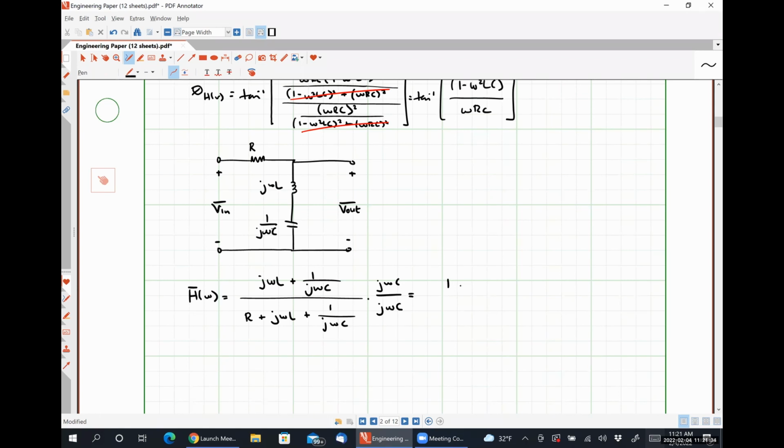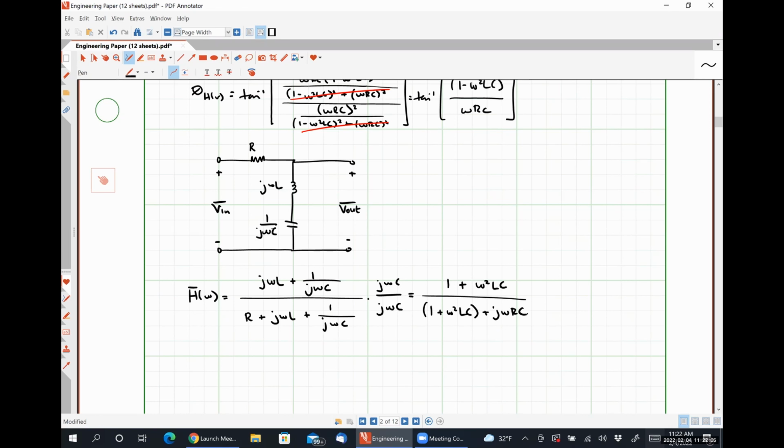1 plus omega squared LC in my numerator and 1 plus omega squared LC plus j omega RC in my denominator.